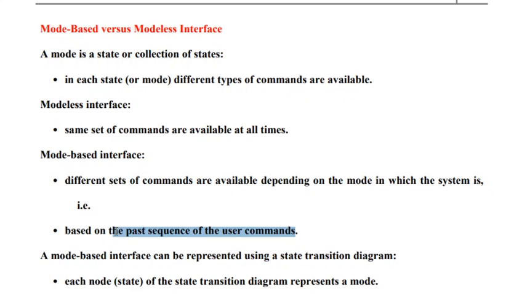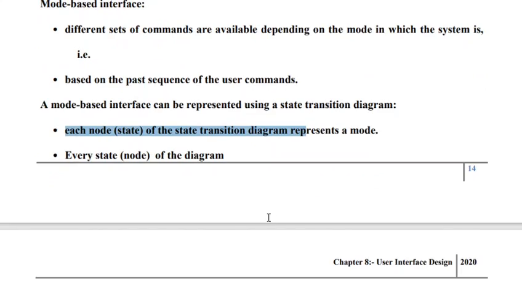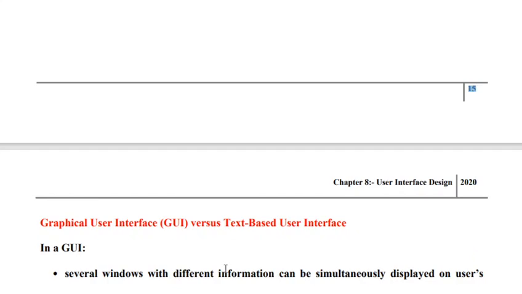Now, a mode-based interface can be represented with the help of a state transition diagram where each state or node represents a mode, and associated with each mode we have a well-defined set of commands from where a command can be selected and initiated for execution.